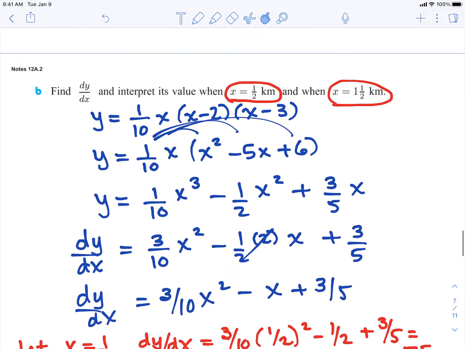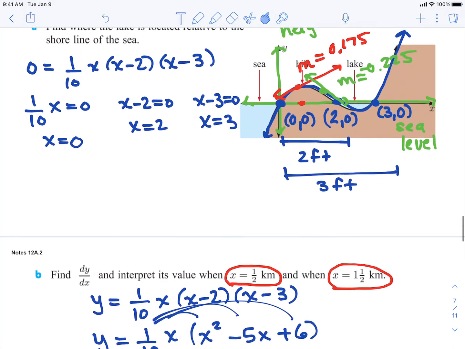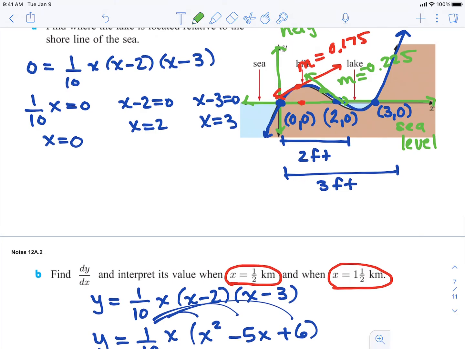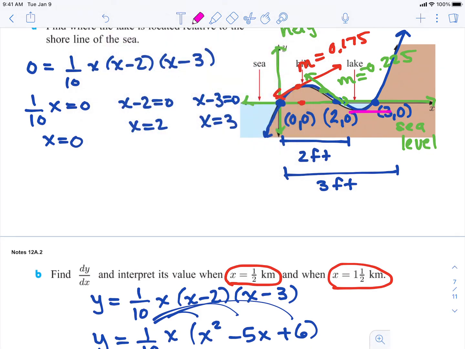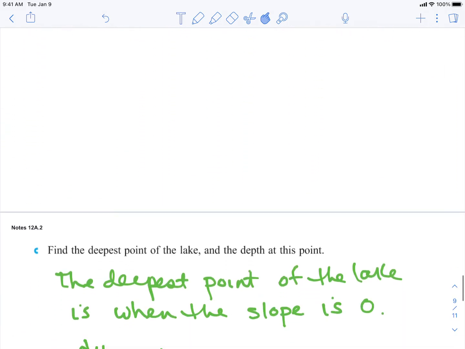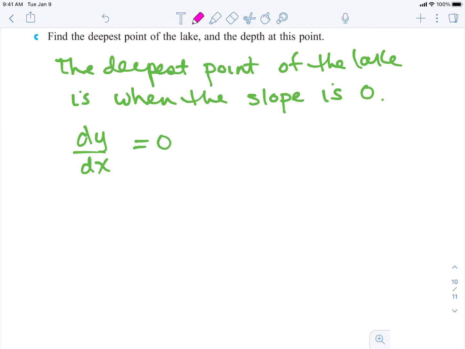We can show you in the graph here, when is the slope 0? I'm just going to change this to pink. So when is this slope right across here 0? We're going to set our derivative, 3/10 x squared minus x plus 3/5, equal to 0 and solve for x.